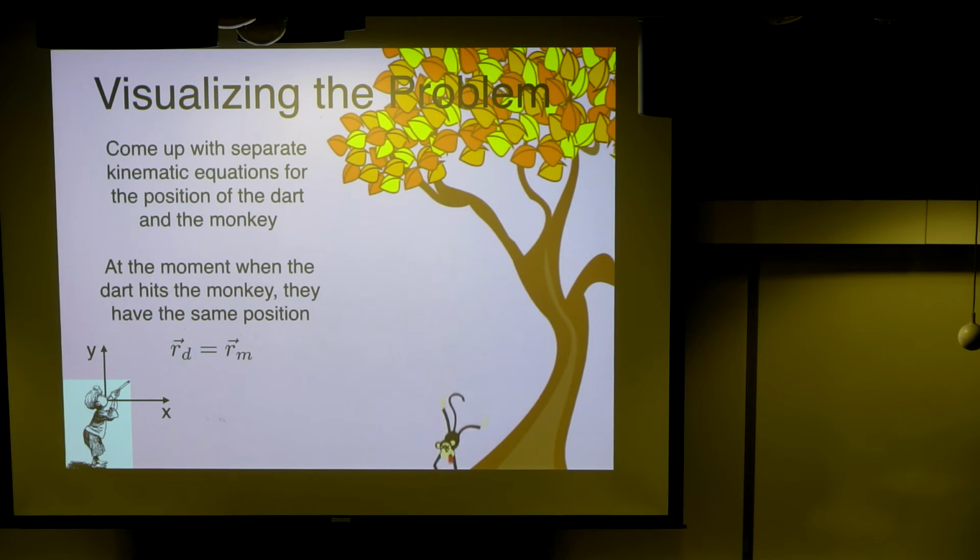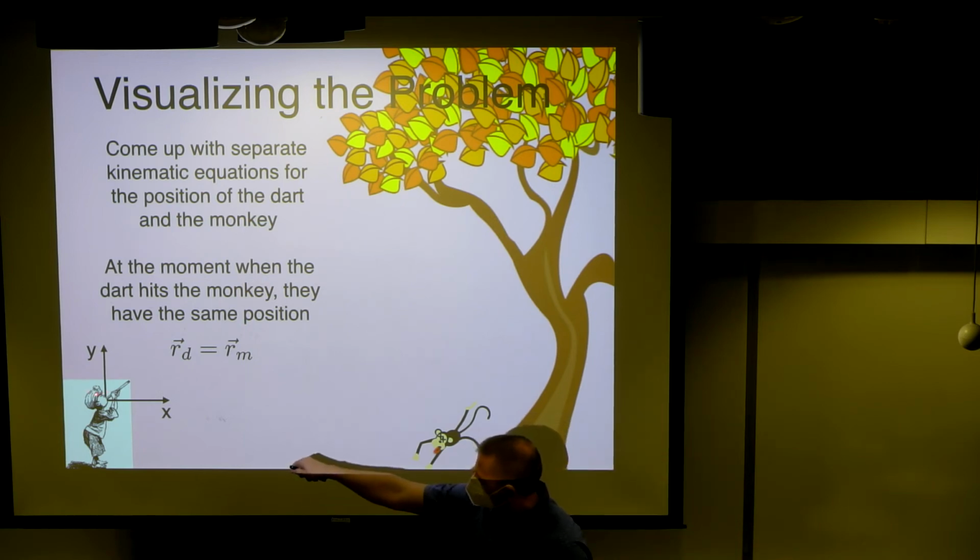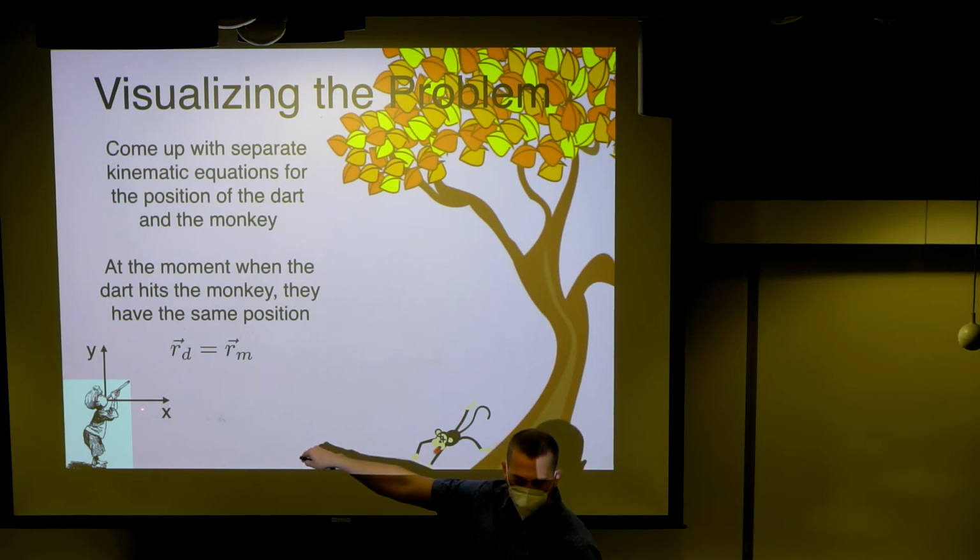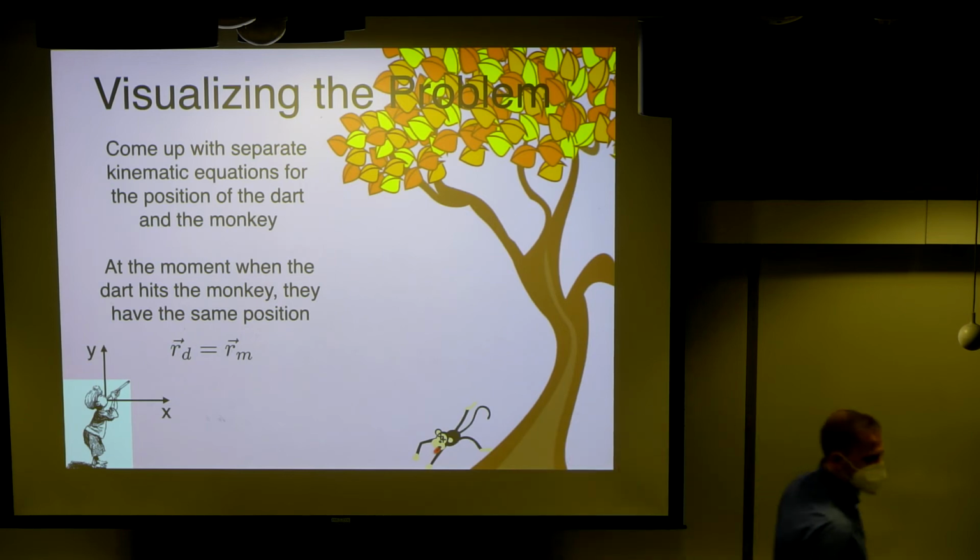All right, make sense? Last detail, I'm going to work this out for you on paper. The last detail is for our coordinate system. I'm just going to put the origin right here where the dart begins its motion, okay? So let's work it out.